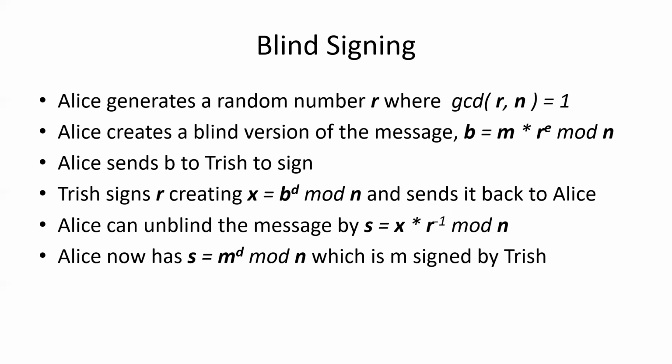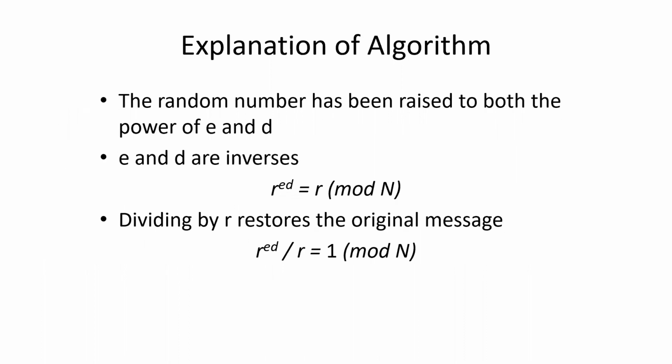That doesn't show up very well in the slides. That's the inverse of R, R to the -1. And so now if you multiply it by R to the -1, we end up with the regular signed message. It's important to remember that E and D, the pieces of the key, where N is the big number and E and D are the numbers you raise it to, are inverses.